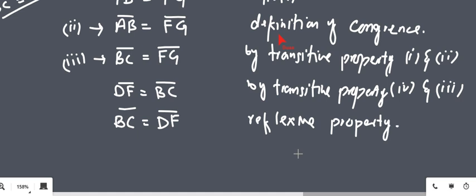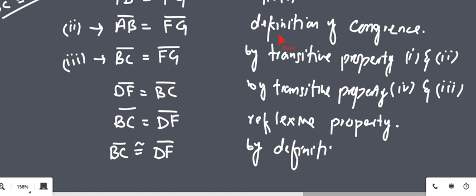Then I can write BC is congruent to DF by using the definition of congruence. Okay, so hence we prove.